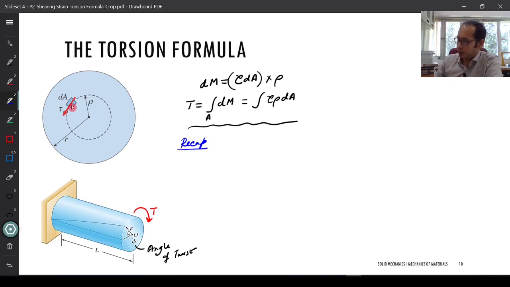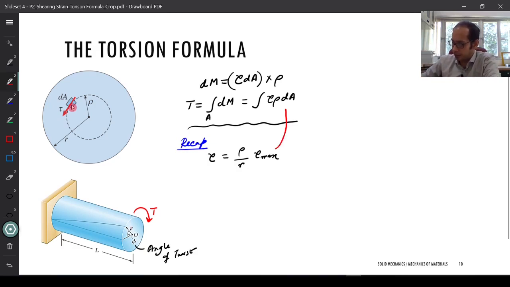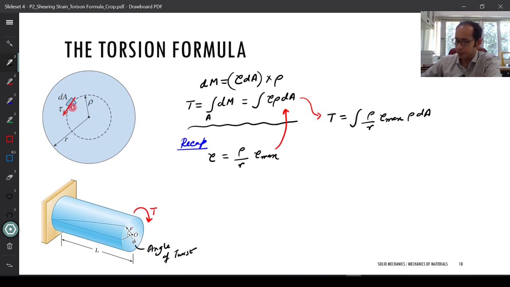In the recap, remember that what we had derived, that our tau at any general rho was simply rho divided by R times tau max. We had derived this one before, right? Now if I go back and put this in this particular expression, what I essentially get is that my T becomes the integral of rho by R tau max times rho dA, right?